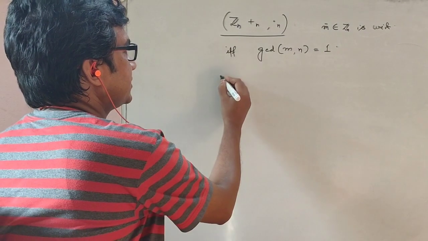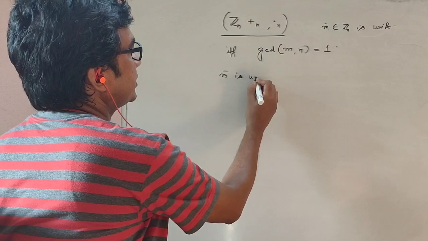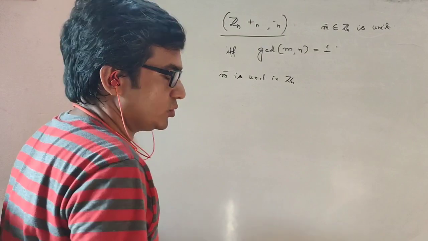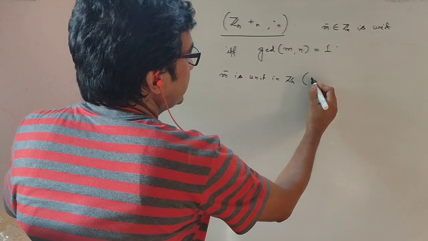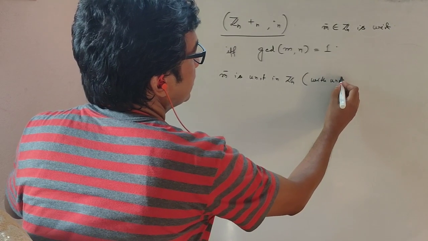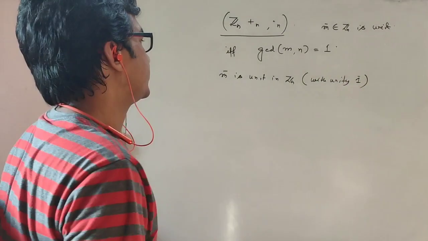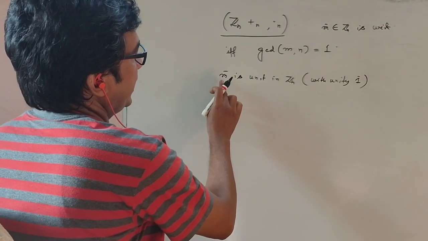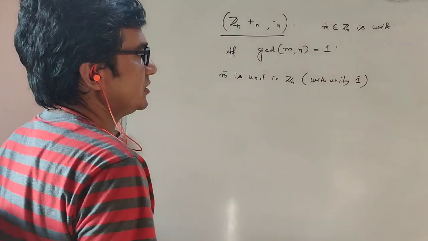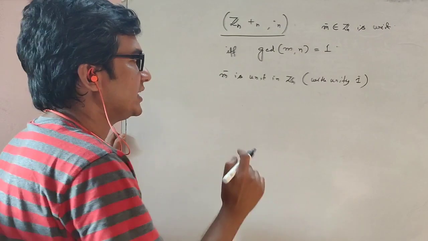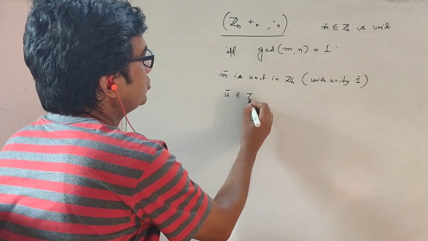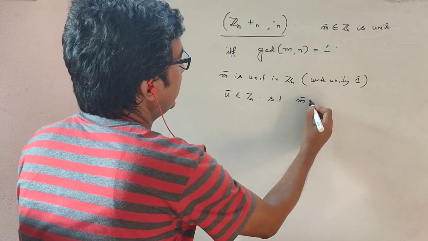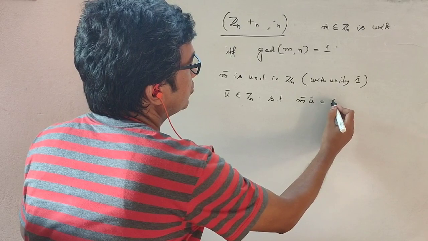we first let m bar be a unit in Zn. Zn is a ring with unity 1 bar. Since m bar is unit, so there must exist u bar belongs to Zn such that m bar into u bar equal to 1 bar.